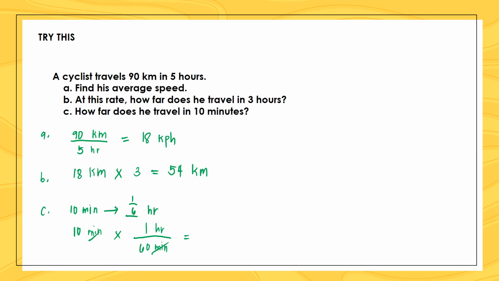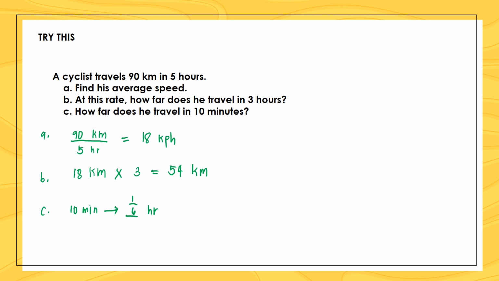So we will have 10 times 1 over 60. That is still 1 over 6. Okay? I hope now that we keep on doing the dimensional analysis and the conversion factor, you were able to memorize some of the basic conversions. So 10 minutes is equal to 1 over 6 hour.